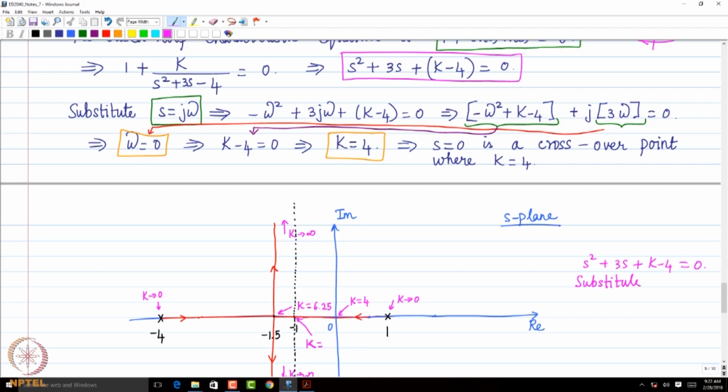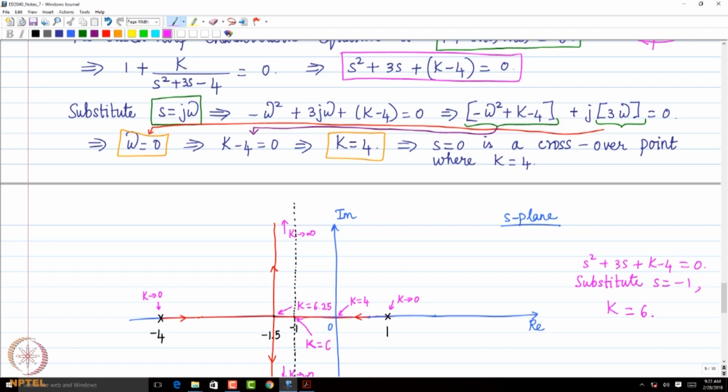Why am I doing it? Because that is the point beyond which both branches of the root locus go to the left of the minus 1 line, right? So when I substitute s equals minus 1, what do I get for K? This becomes plus 1, this is minus 3, minus 4, then I will get K to be, what is the value of K? 6, right?